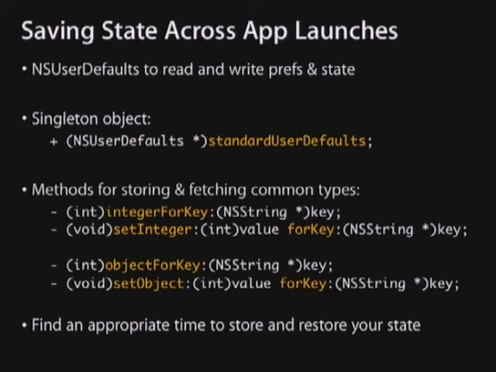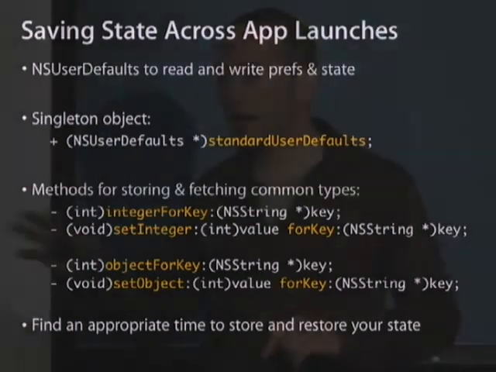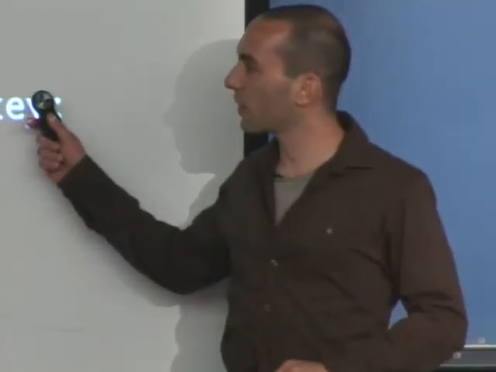The way this works is there's a property list that gets saved off in a user area for the phone. When you store values inside of NSUserDefaults, it automatically writes to that, and when you read them, it reads them back. So use this. This is the answer to that part of the assignment. Find an appropriate time to restore and save that.